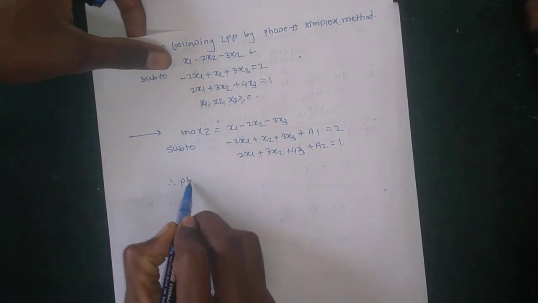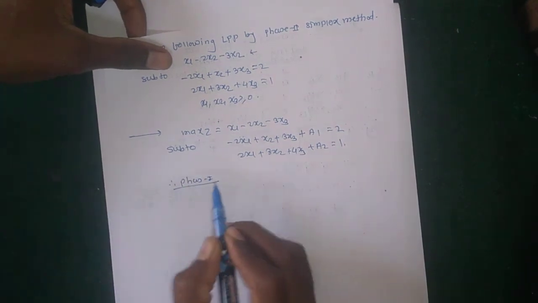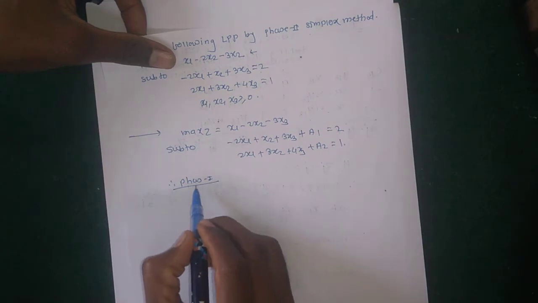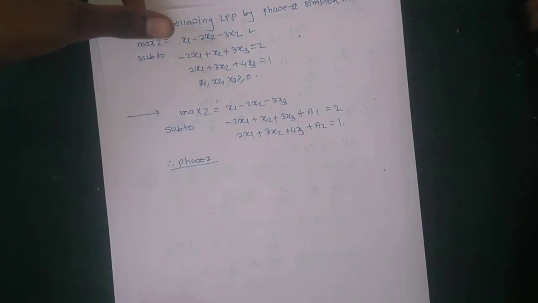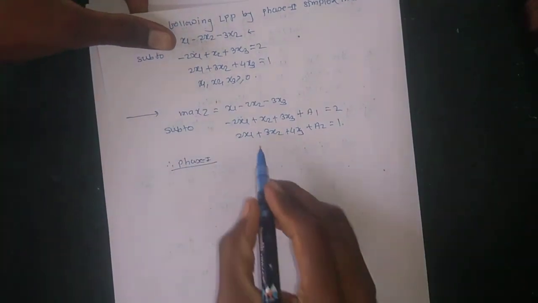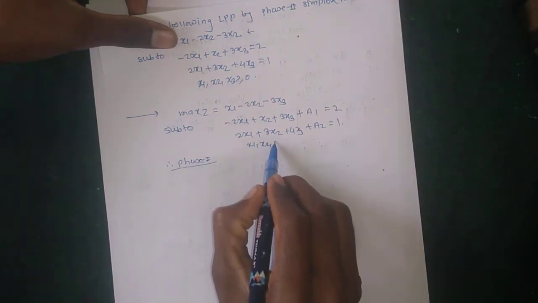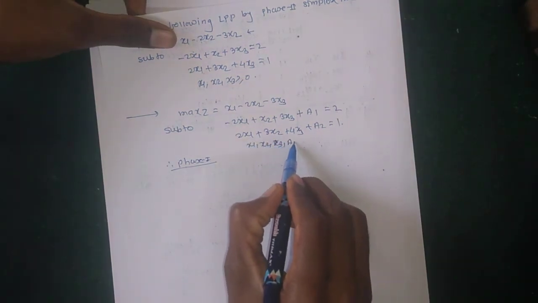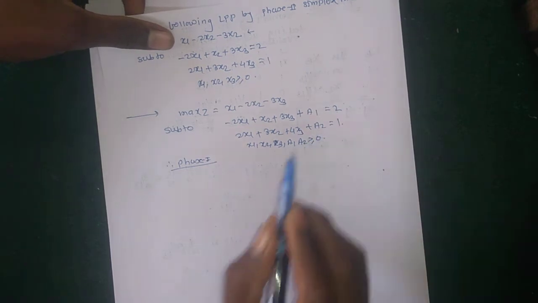And therefore x1, x2, x3, a1 and a2 are greater than or equal to 0.